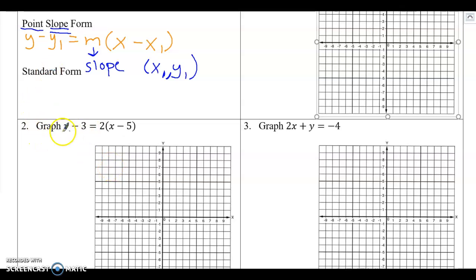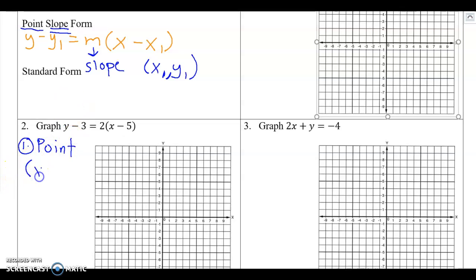Okay, so we're going to graph this equation, and this equation is in point-slope form because it has y minus 3, y minus y1, equals our slope, open parentheses, x minus 5. So let's first find our point, because that's what point-slope says.